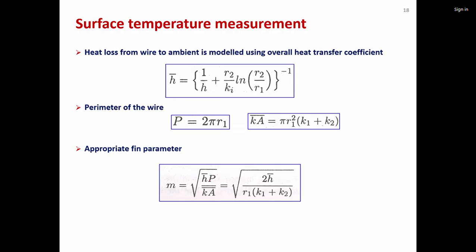P is the perimeter of the wire. H bar is the overall heat transfer coefficient, which has conduction and convection in it. And Ka bar, the average of the product of thermal conductivity and area, is for the equivalent wire, which comes from both these wires. If I substitute for P, H bar and Ka, I can simplify this as 2 times the square root of H bar divided by R1 into (K1 plus K2). So this is the fin parameter.